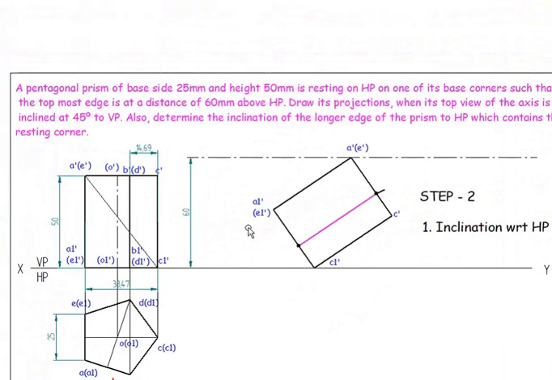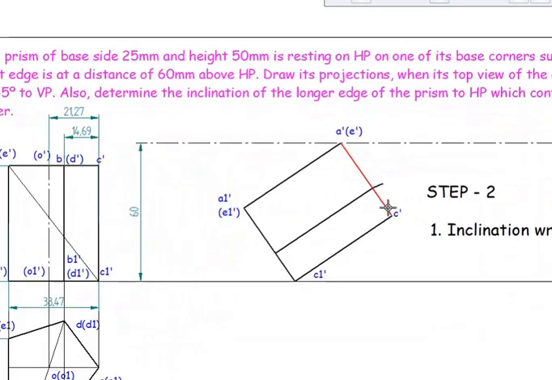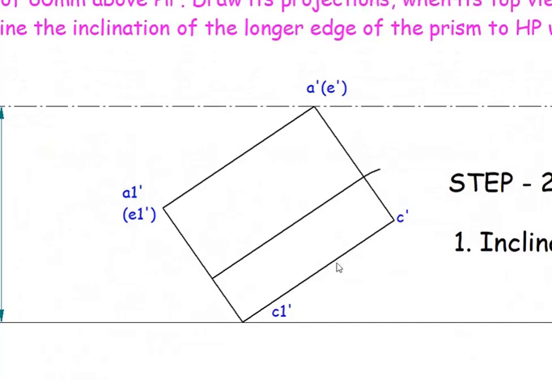Now I need to find the axis distance. So from here, what is the distance from this point to this point, which is equal to 21.27. So again I'll cut an arc. So from here 21.27, I'll cut an arc.